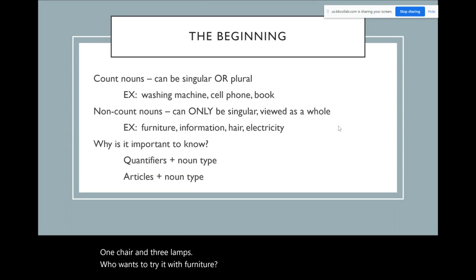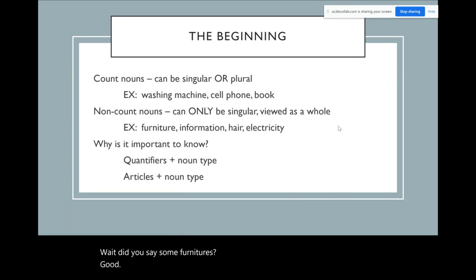I need a volunteer. Okay, go ahead, Walter. I have some furnitures. I don't have a lot. Wait, did you say some furnitures? Yes, I have some furniture. Good. I don't have a lot.